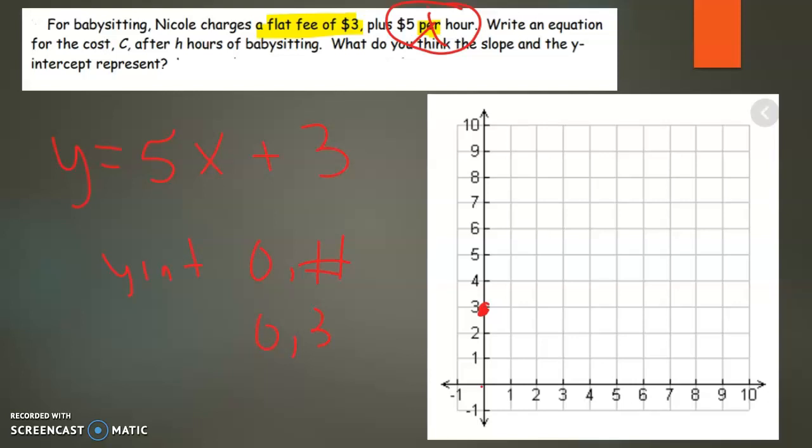My slope, which is right here, is 5 up, 1 right. And so I'm going to go 1, 2, 3, 4, 5, 1 right. And I'm going to continue that as long as I can make that graph.